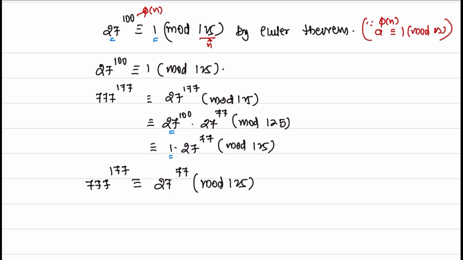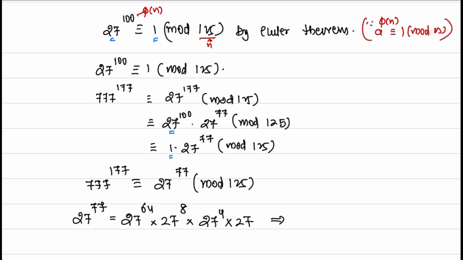That means equation number 2 is further reduced to the value of 27 to the power of 77. We have to find out this value. 27 to the power of 77 is equal to 27 to the power of 64 into 27 to the power of 8 into 27 to the power of 4 into 27.